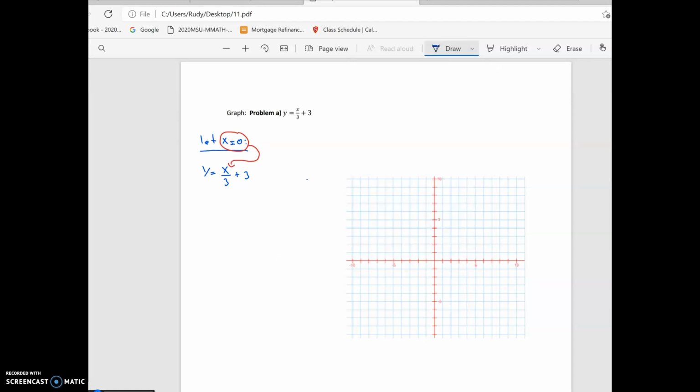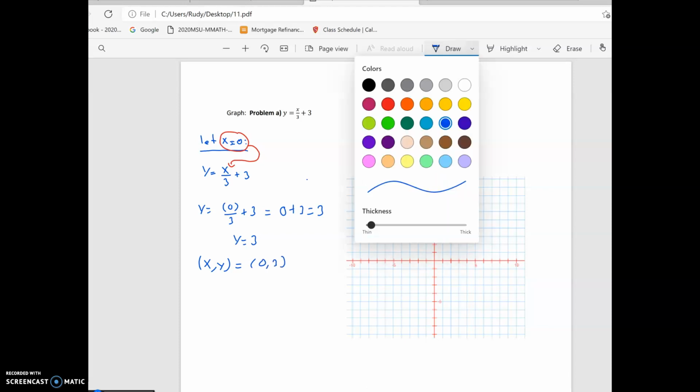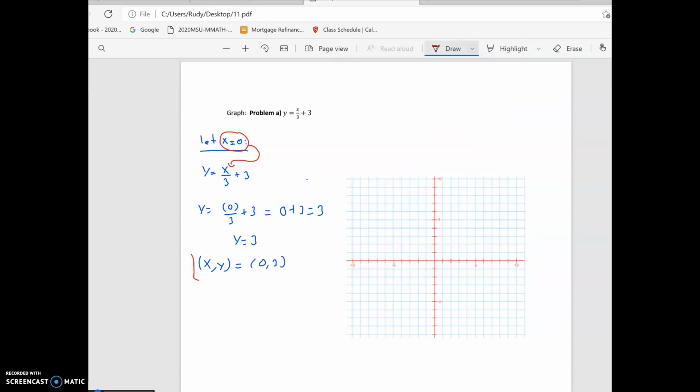So this gives us y equals 0 divided by 3 plus 3, or 0 plus 3, or 3. So y is equal to 3. The x and y coordinate for this one is 0, 3, and it's going to be one of our solutions.